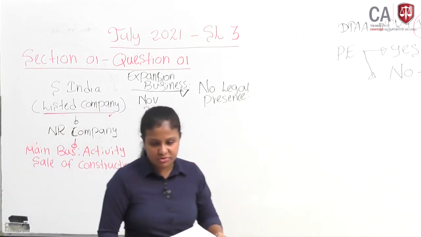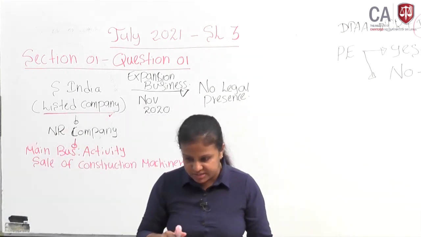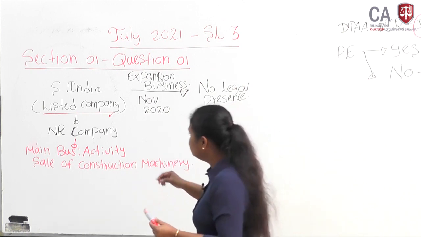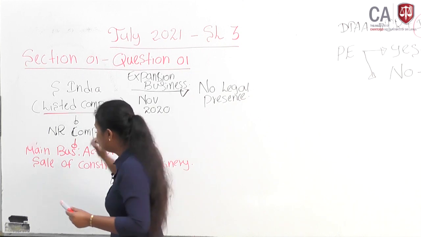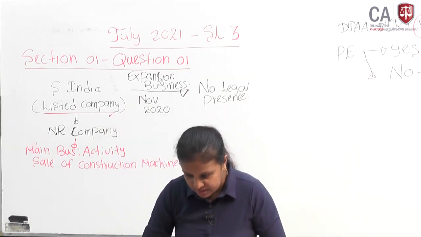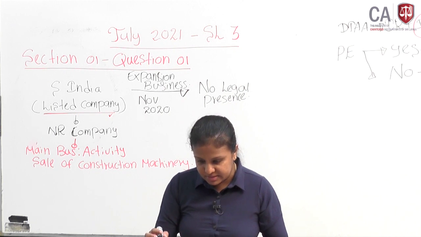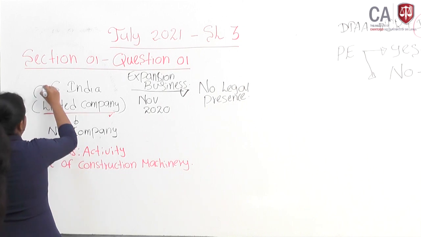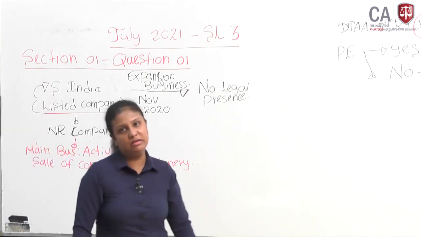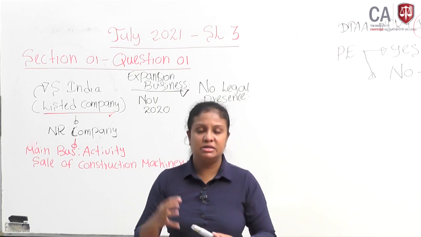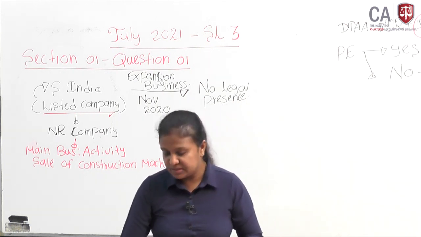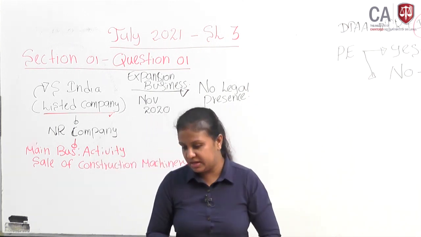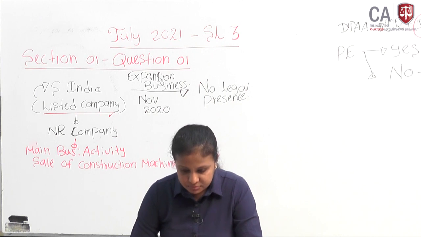This is the information from the first paragraph. It's a listed company based in India, so we can assume that the shareholders are also in India. That means we can use the double taxation treaty model between Sri Lanka and India for this company.